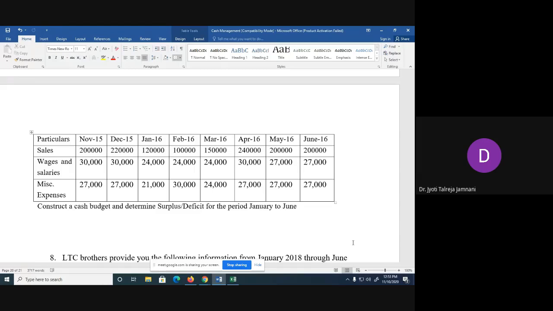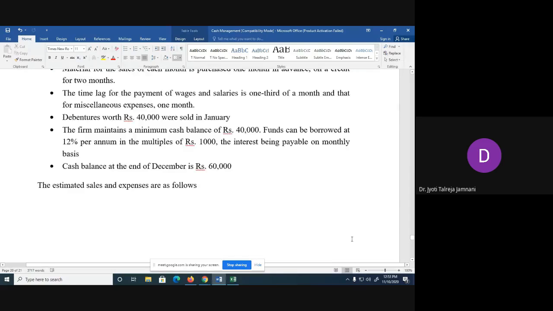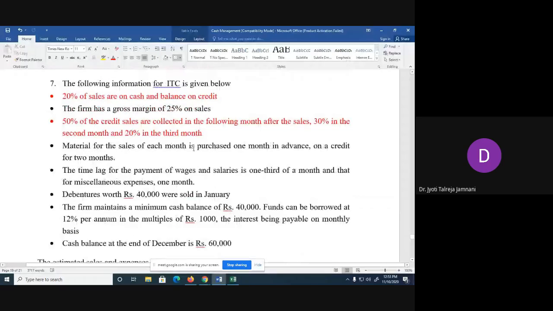They've just given sales, wages, and miscellaneous expenses. But they're talking about purchases. That means we need to find the value of purchases. We're going to purchase it in advance and we're going to pay it after 2 months.